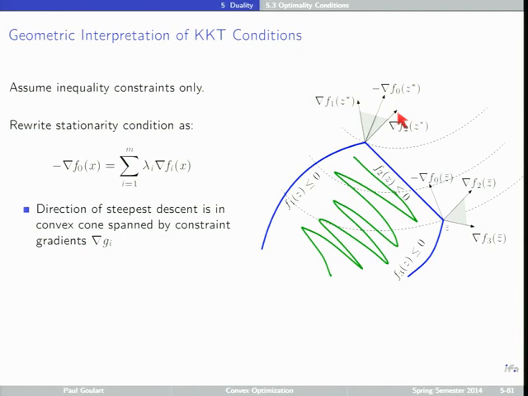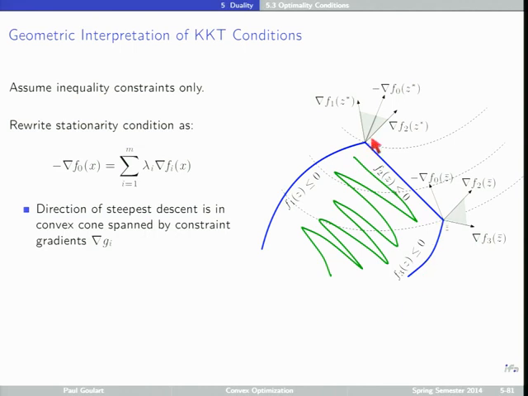Now you might ask, why is it that I'm not allowed to include the gradient of f3 as part of this exercise up here? The answer is that the third constraint is inactive at this point.